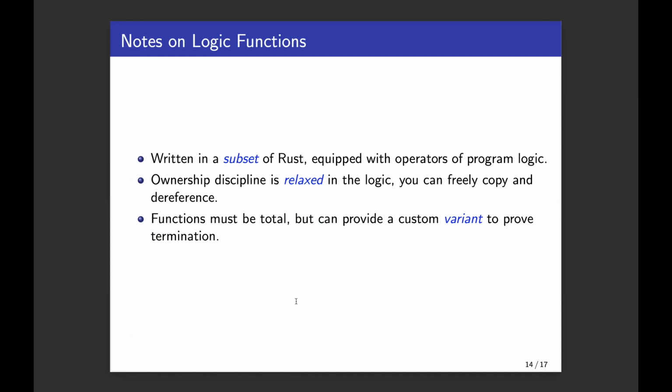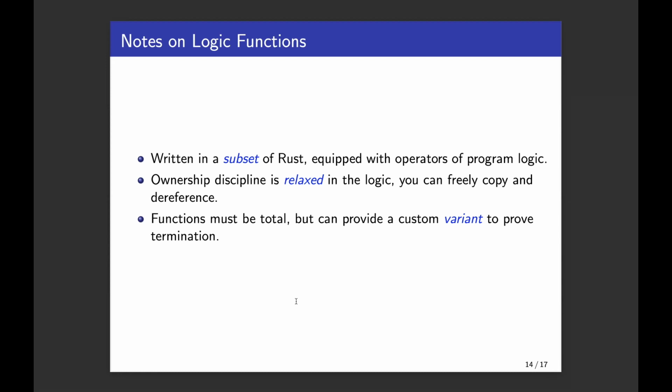So as I was saying earlier, our logic functions are written in a subset of Rust corresponding to our program logic. Within those logic functions, we actually relax the ownership discipline of Rust. Since we're no longer in an executable context, we don't necessarily need to do things like enforce that certain types are copy or not.